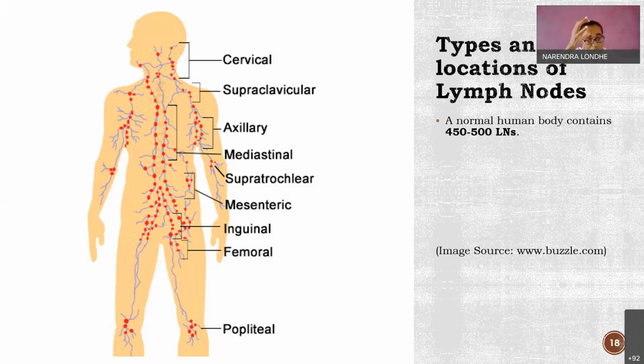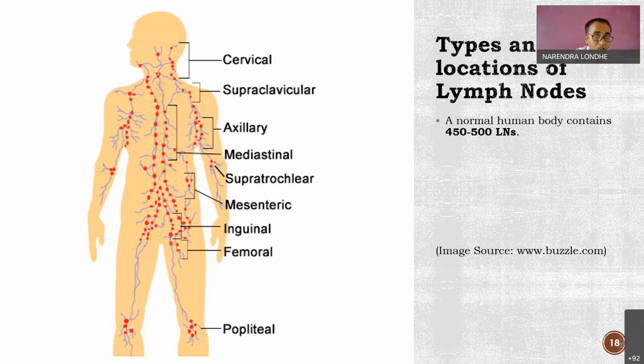And if those lymph nodes are diseased, if any particular part of your body, say the liver, has an infection, what will happen is that when the interstitial fluid comes from the liver and flows through the lymph node, that impurity will first interact with the lymph node close to that liver.